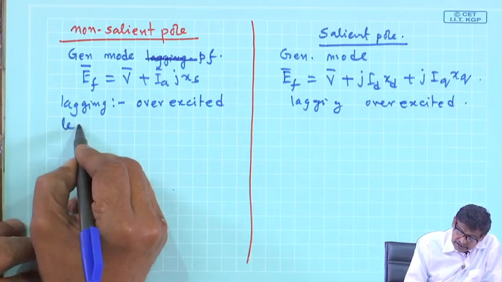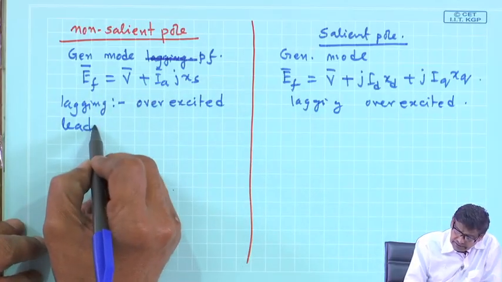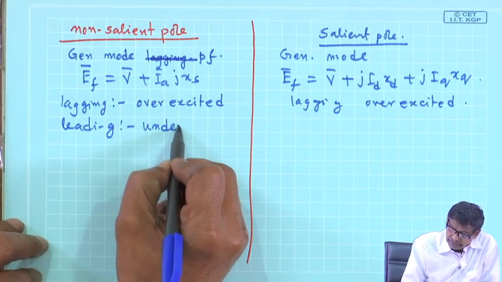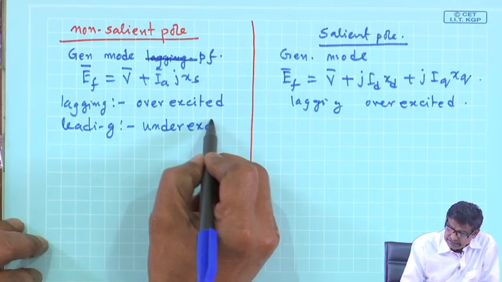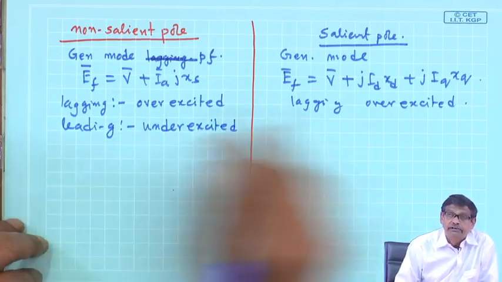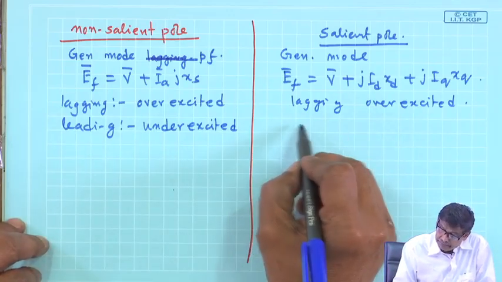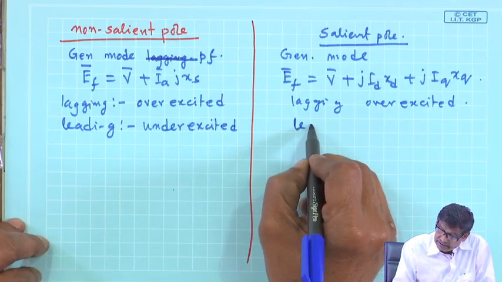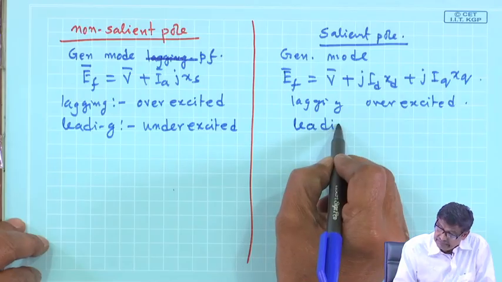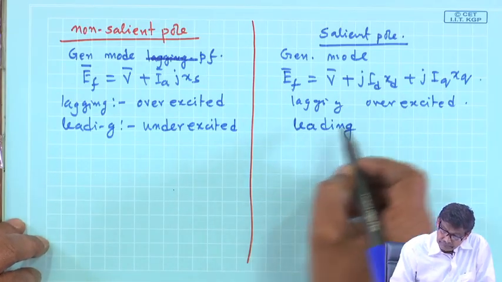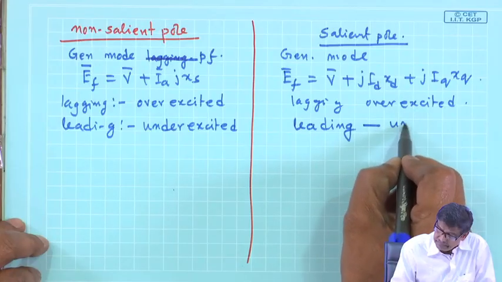If it is leading, the equation remains the same, leading, under excited in case of generator. These are things you must remember, no other way. Leading, under excited, same.